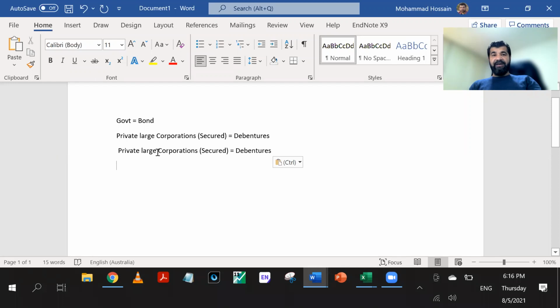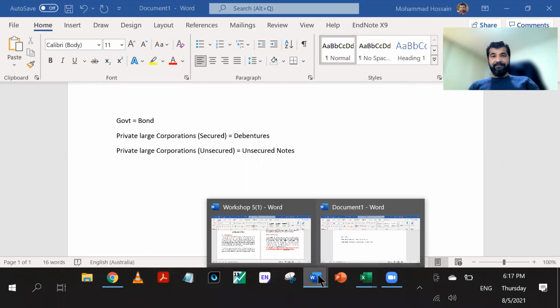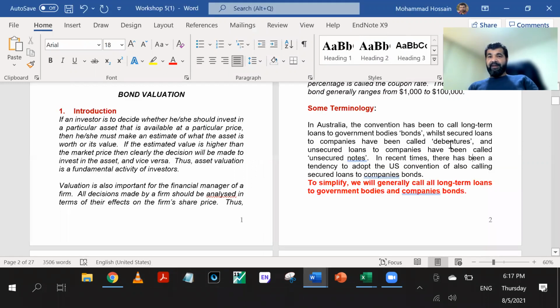Large private corporations, if it is unsecured, they call it unsecured notes. Unsecured notes. Okay, that's what they call it. But for our purpose here, look at this.